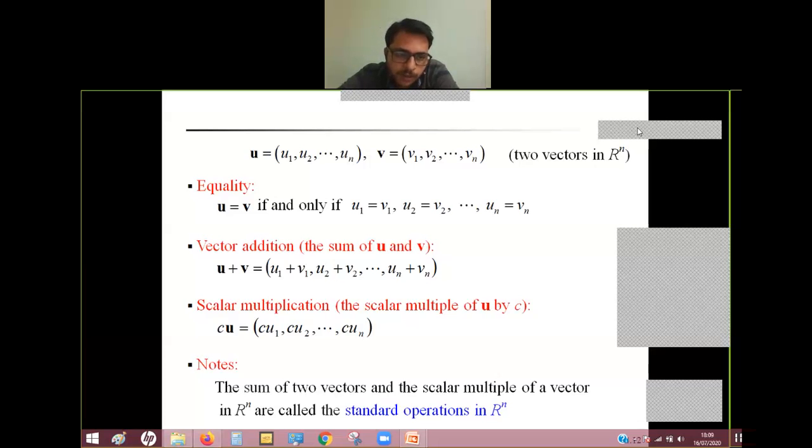In equality we checked individual components; in this case we add individual components: u1 plus v1, u2 plus v2, up to un plus vn. This is vector addition. Please make a note of how vector addition is performed.